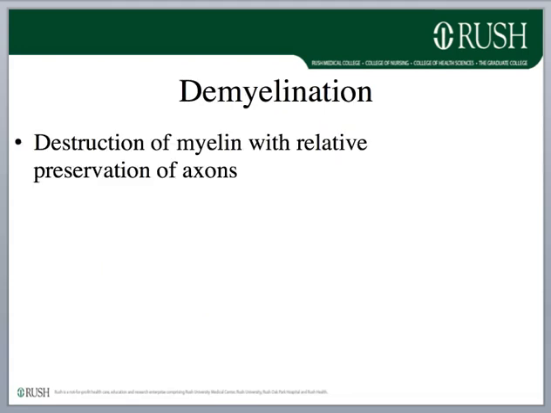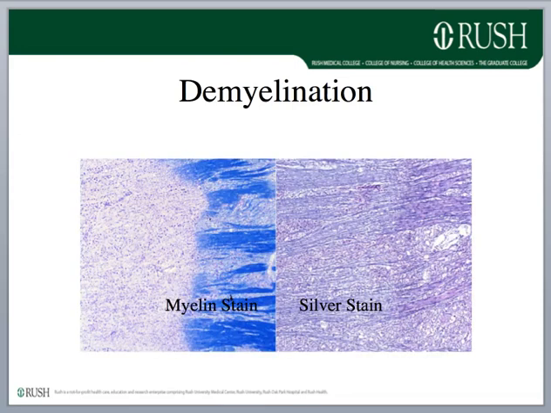Now the reason why these stains are useful is to identify syndromes that have in common demyelination. This is processes that involve the destruction of myelin with relative preservation of the axons. So by using these different stains, on the left we can use a myelin stain to note these pale zones that are interdigitated with the more darkly staining regions that indicate demyelination.